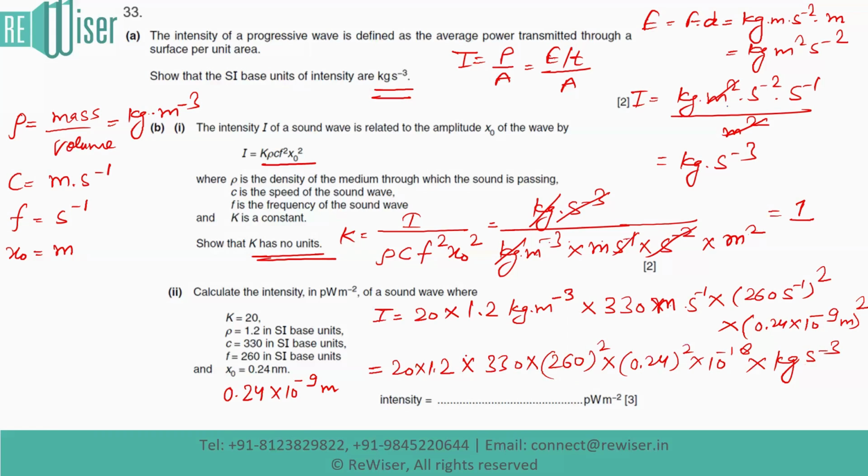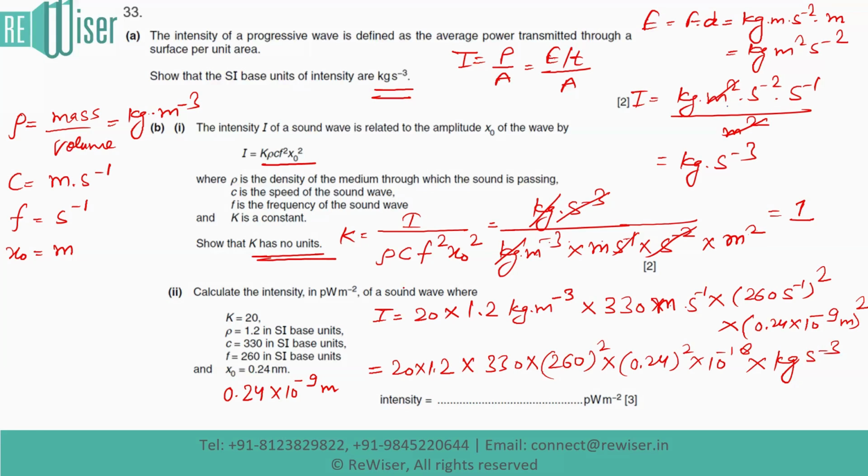So here, let's use our calculator, because this is a long calculation. It will be 20 into 1.2 into 330 into 260 square into 0.24 into 0.24.